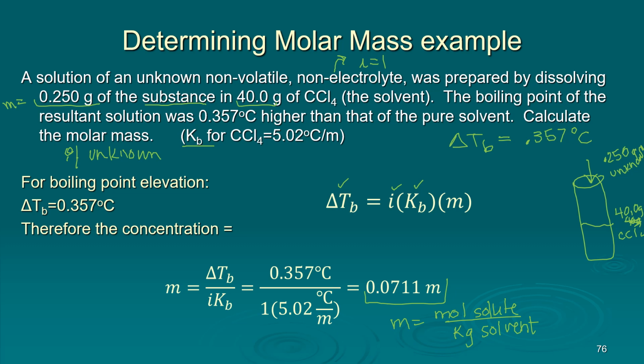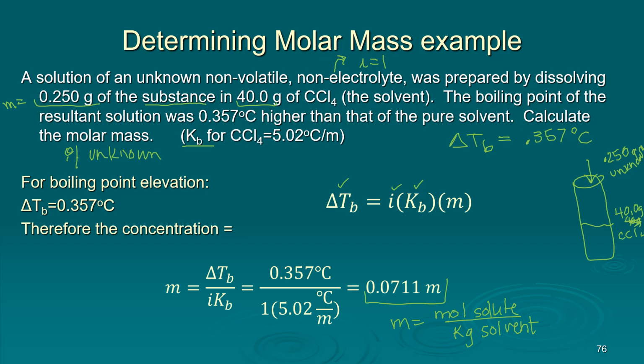So anyway, like I said, we put this 0.25 grams of unknown in 40 grams of carbon tetrachloride. So what we're finding out here is that our concentration is 0.0711 moles per kilogram. Now we still don't know what it is, but we can figure that out.